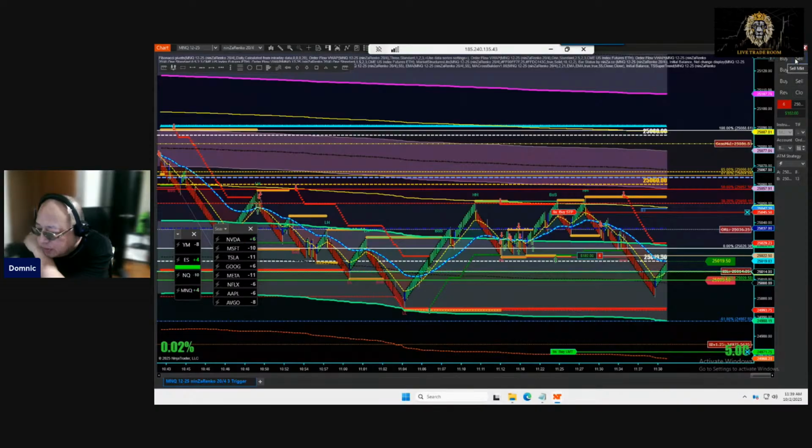So here's the pullback. We see a reversal bar coming down. Again, bouncing off the 1.5 deviation.